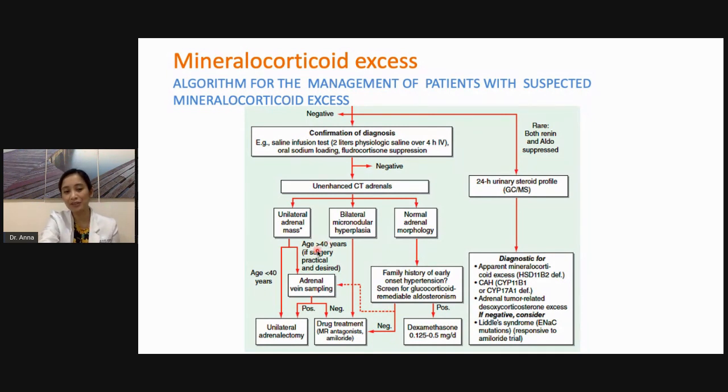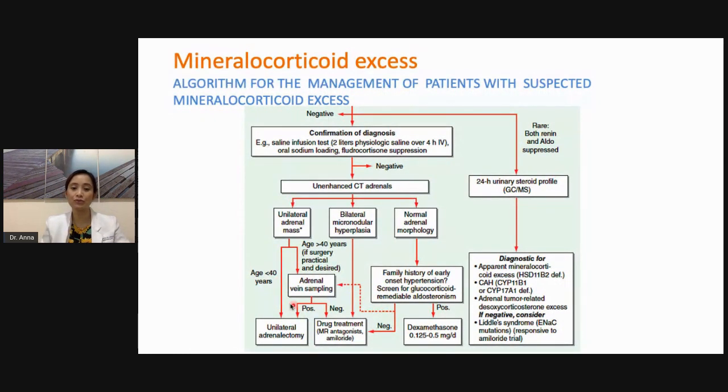If the patient is more than 40 years old, no, and the patient wishes to proceed with surgery, you still have to confirm whether that adrenal adenoma is really the one that's causing your mineralocorticoid excess, or it's just an adrenal incidentaloma, and it's actually the contralateral adrenal gland that's causing the excess hormone production.